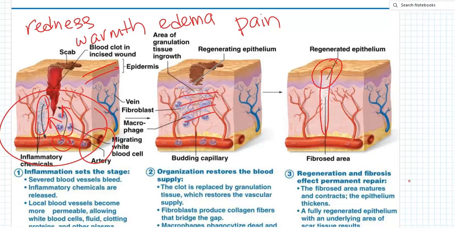Scar. It can be super small and not really visible, or it can be more significant, right? Now, functionally, I'm not talking about aesthetics, but functionally in the skin, is scar okay? Yeah. Look, you had connective tissue, you replaced it with connective tissue. You had stratified squamous epithelium, you replaced it with stratified squamous epithelium. Make sense?